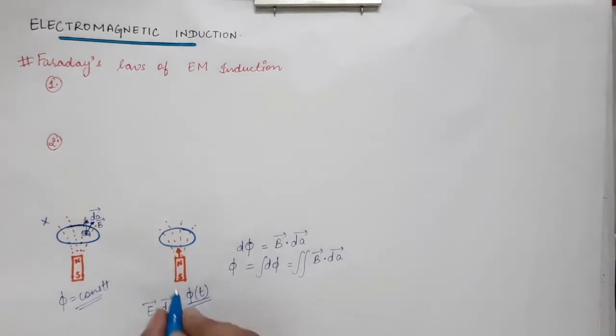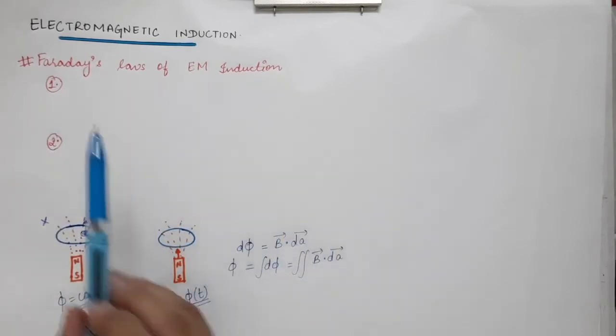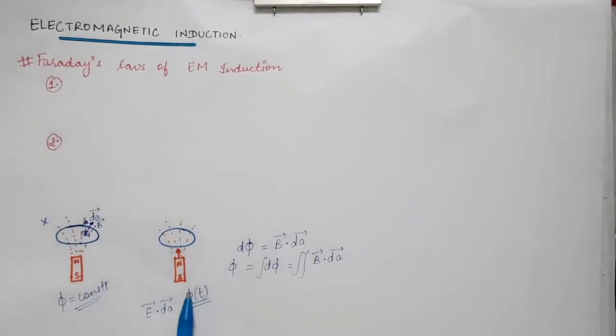Now due to this change in magnetic flux, there will be current produced in this loop. And how can we find out the induced current or the induced EMF? That is given by Faraday's laws of electromagnetic induction. So the first point is that whenever the magnetic flux linked with a circular loop or with a closed circuit changes, it induces EMF in that circuit.